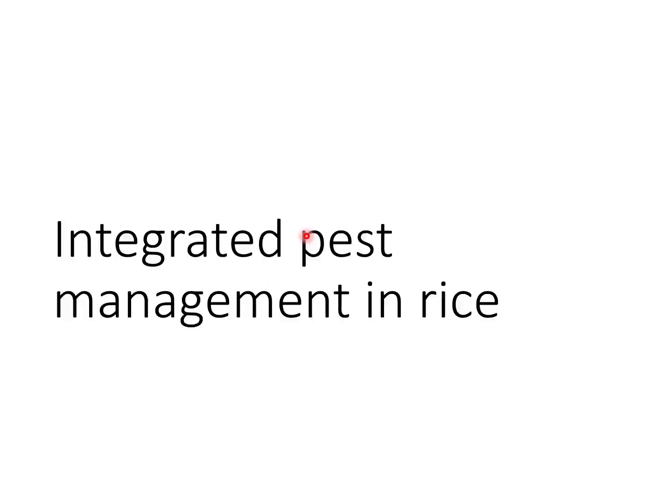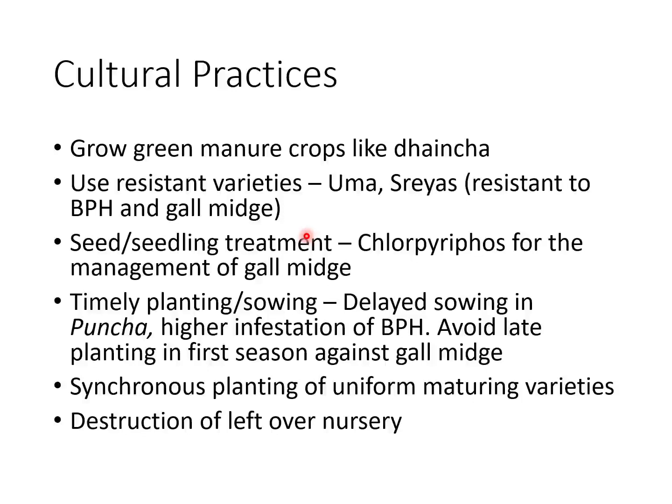That means it should include host plant resistance, cultural control, mechanical, physical, biological, behavioral, and at last chemical control. So for your exam purpose, I am giving a short description of the IPM practices in rice. The cultural management practices include growing green manuring crops such as dhaincha.